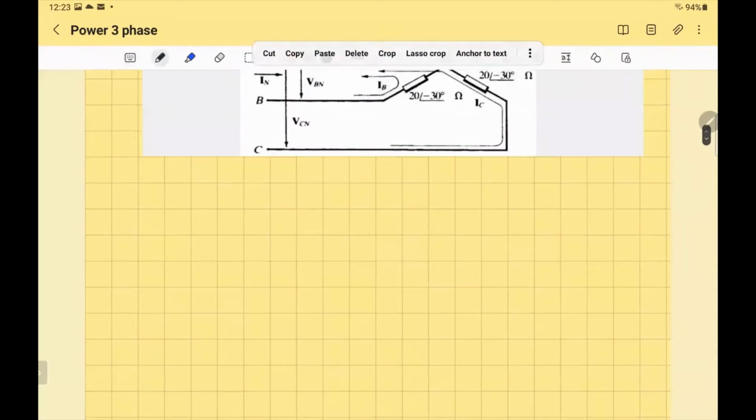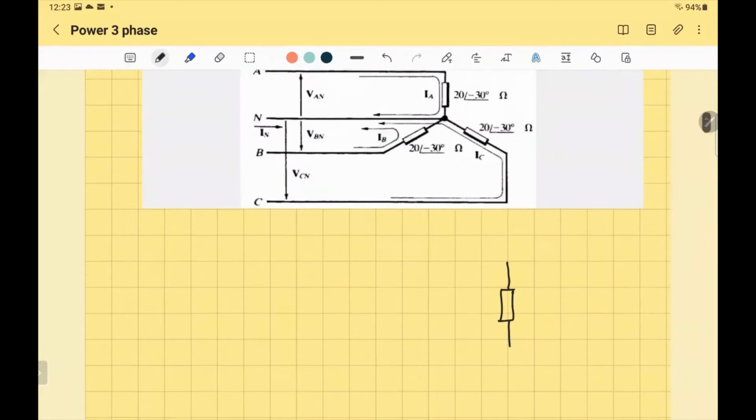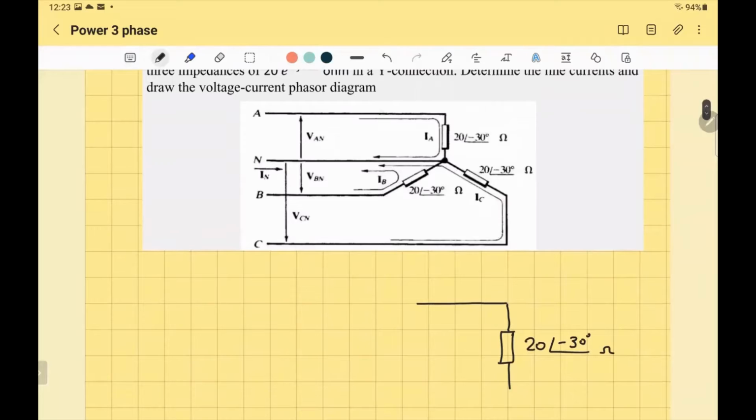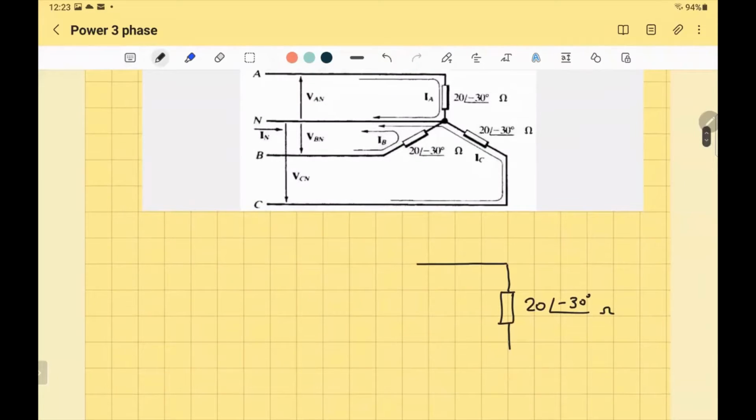So we'll have one impedance, and it's equal to 20 angle negative 30 ohm. Transmission line means there is no impedance in the middle. In practice, I put an impedance here. You can practice this. It'll be the same. You just add it to the load impedance, and you have a voltage.